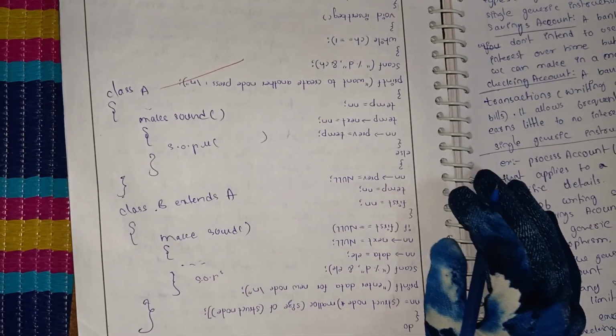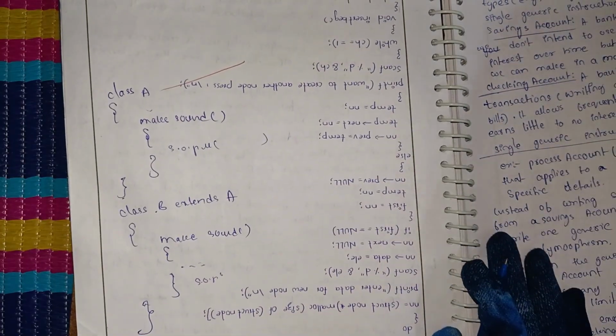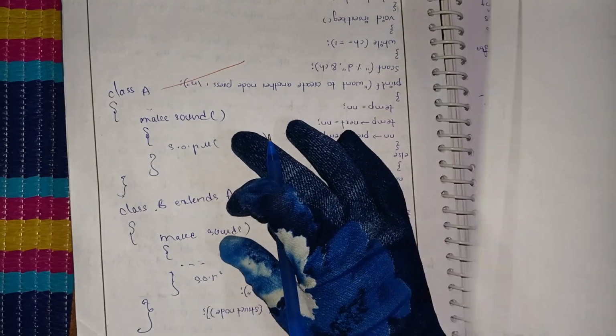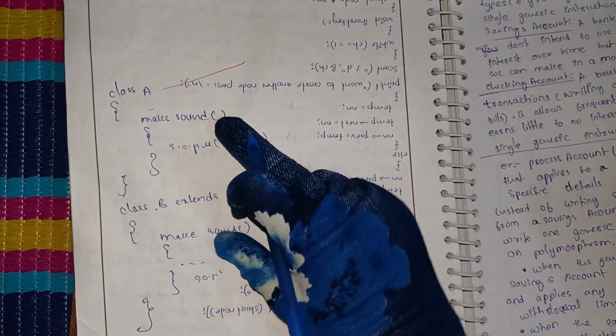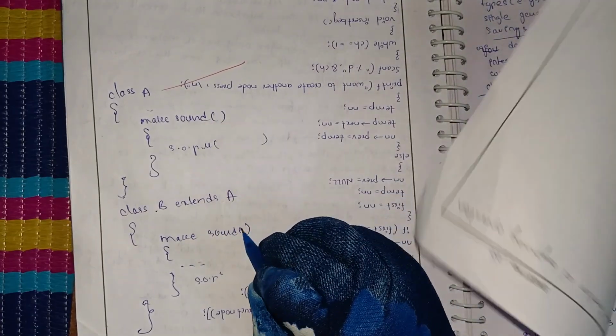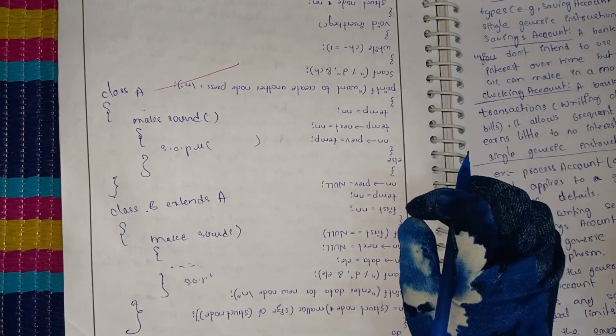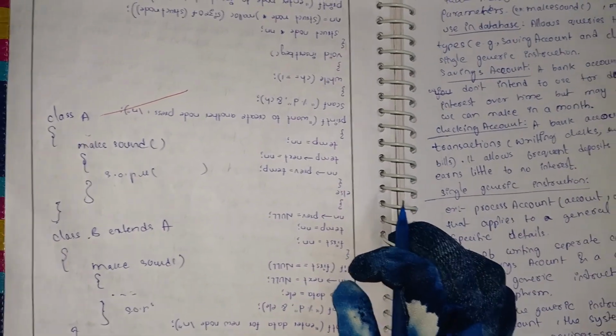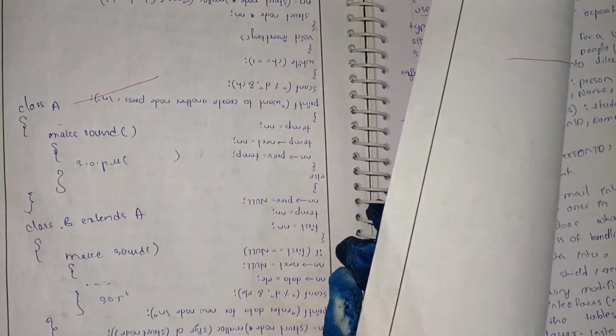So both classes have the same method name with parameters also. That is the meaning of method overriding.